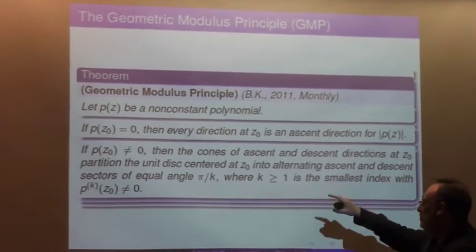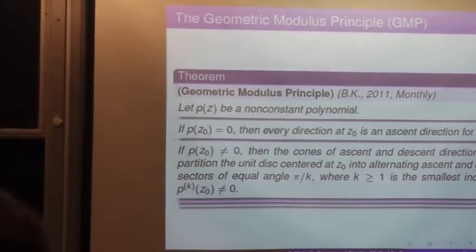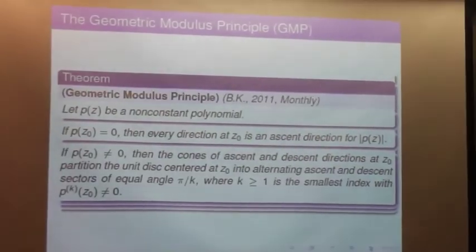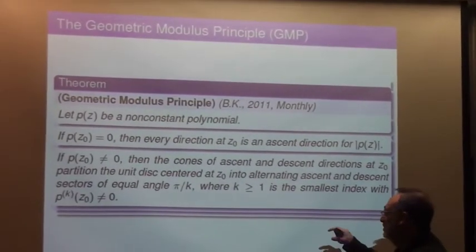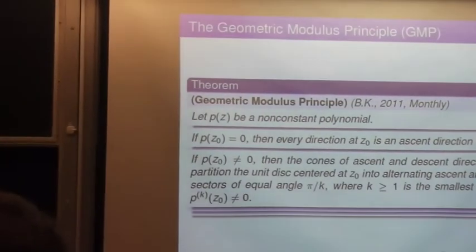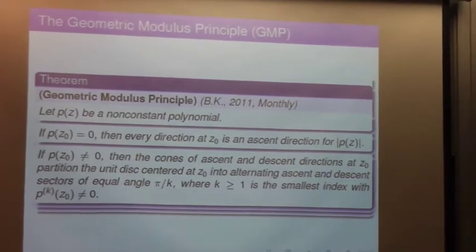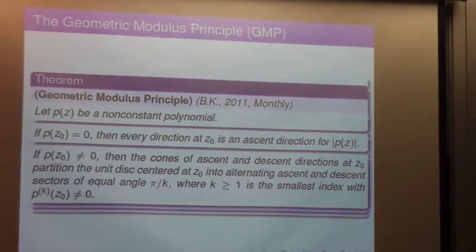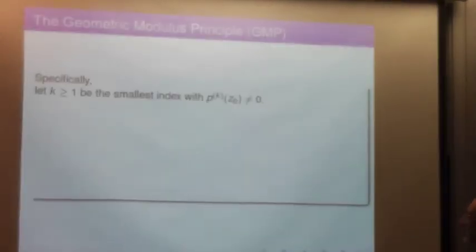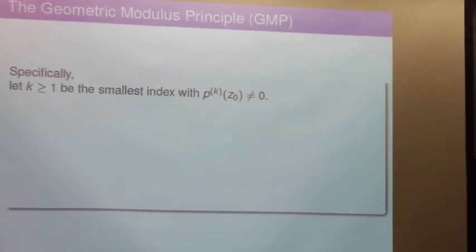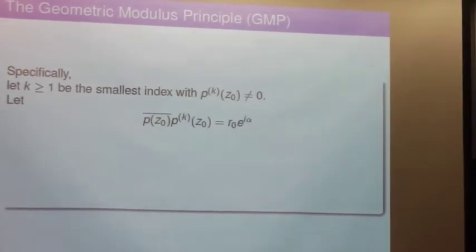And if p of z0 is not 0, then the cones of ascent and descent directions at z0 partition the unit disk centered at z0 into alternating ascent and descent sectors of equal angle pi over k, where k is the smallest index with the k-th derivative of p at z0 not equal to 0. Specifically, k is bigger than or equal to 1, the smallest index such that it is not 0.